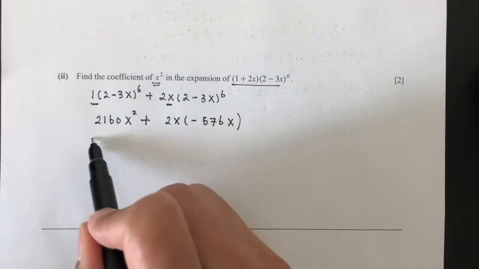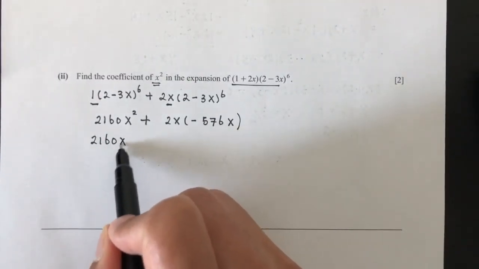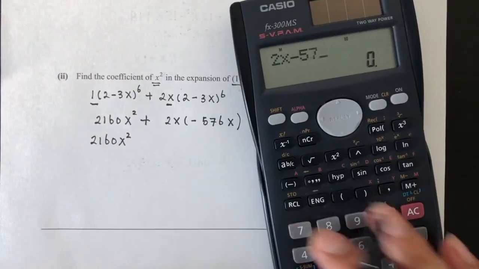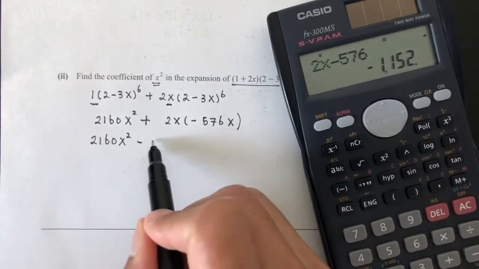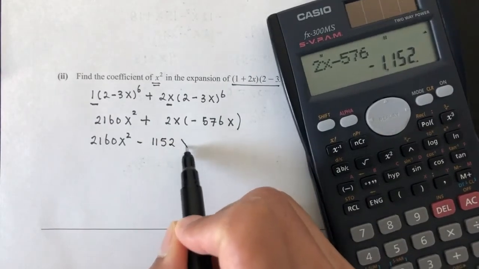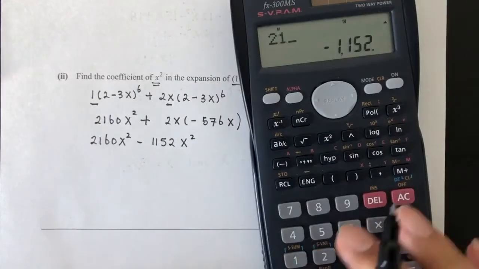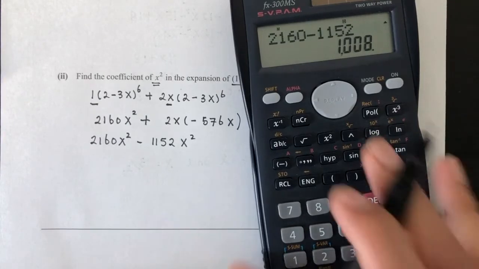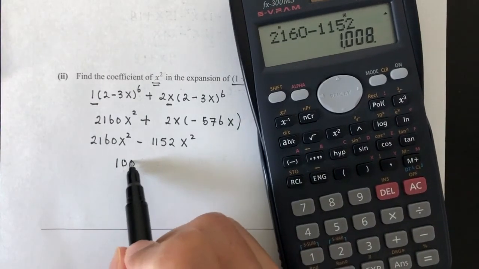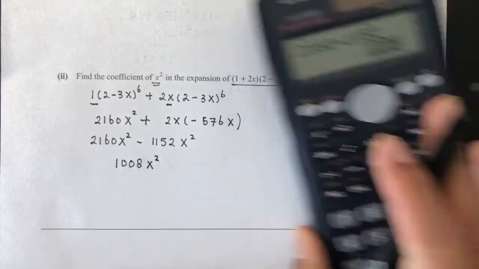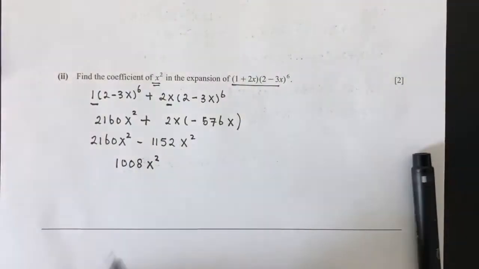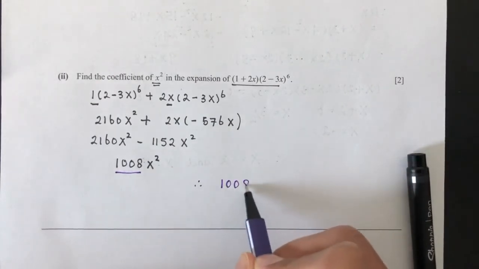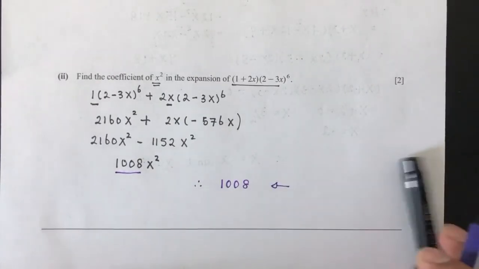You will have 2160x squared. 2 times minus 576, that will be minus 1152x squared. 2160 minus 1152, that should be 1008x squared. But your answer is only the coefficient, so your answer is 1008 for the coefficient of x squared.